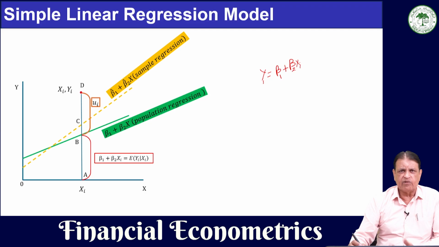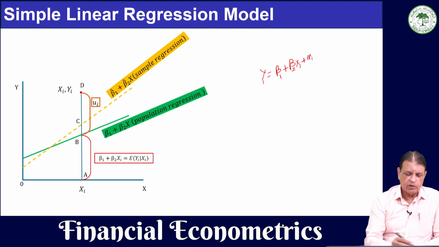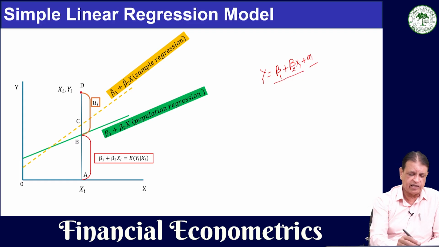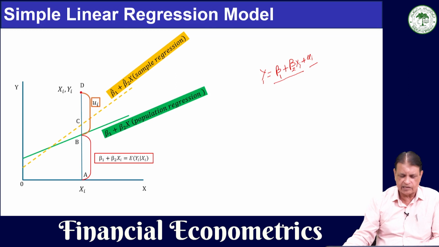So this plus ui. This is the explained portion, and this is the unexplained portion. This is the fixed systematic part, and this is the non-systematic part as far as the population regression function is concerned.